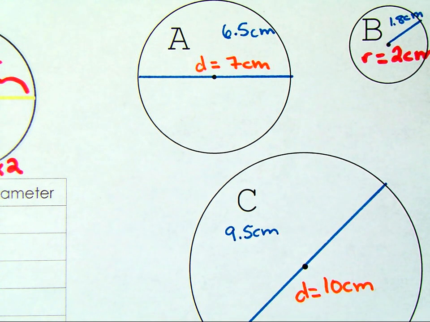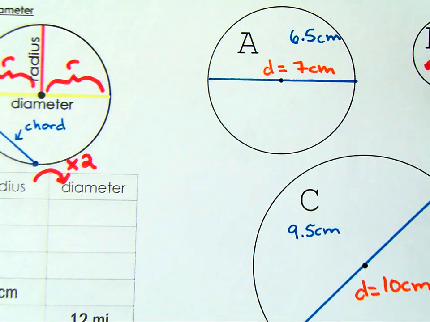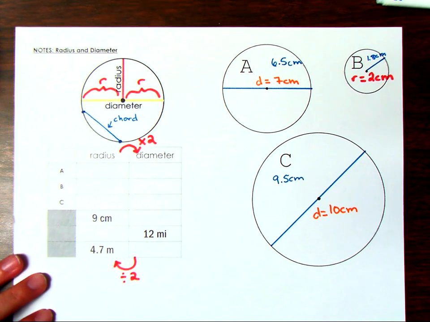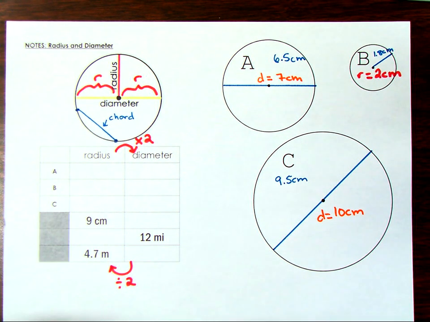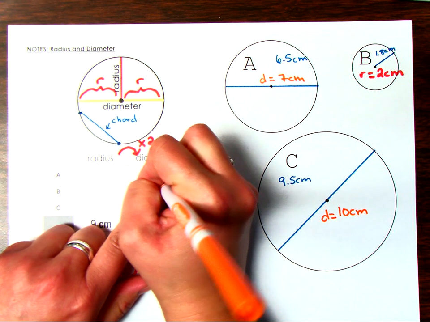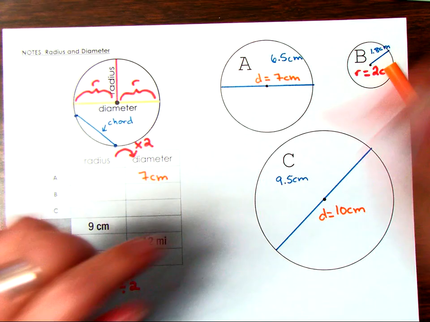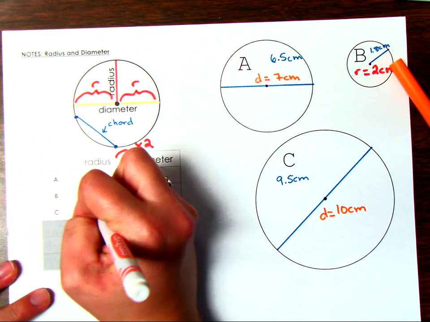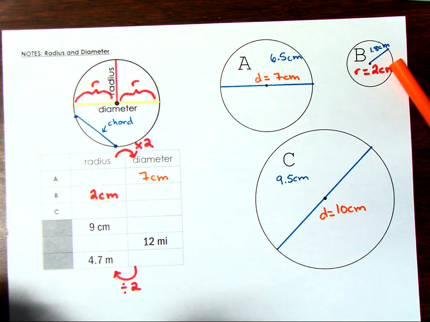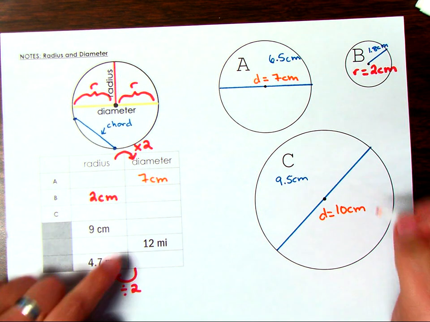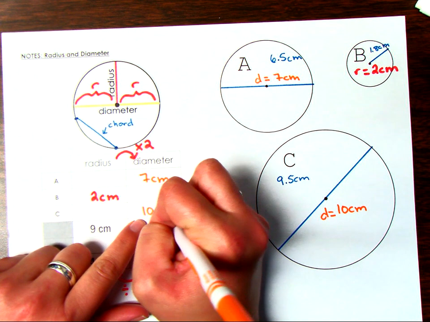Okay? So now what we're going to do is use these numbers according to this table. So for circle A, the diameter was 7 centimeters. For circle B, that represented the radius of 2 centimeters. And for circle C, we said the diameter was 10 centimeters.